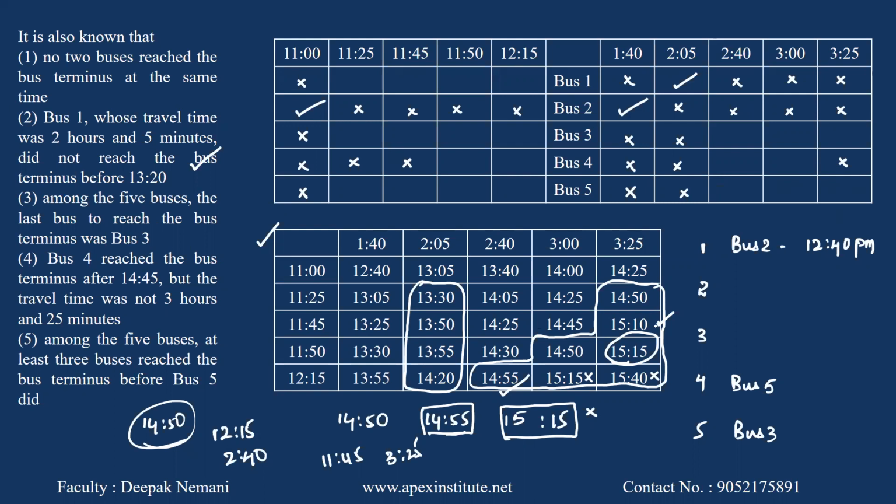So 3 hours 25 minutes was already used for bus 5. So you cannot have that. So I can say that you cannot have bus 4 reaching the bus terminus at 14:55. So bus 4 should reach only at 14:50. Now 14:50 is a combination of 3 hours. So bus 4's time of travel was 3 hours, and bus 4 started at 11:50. Okay.